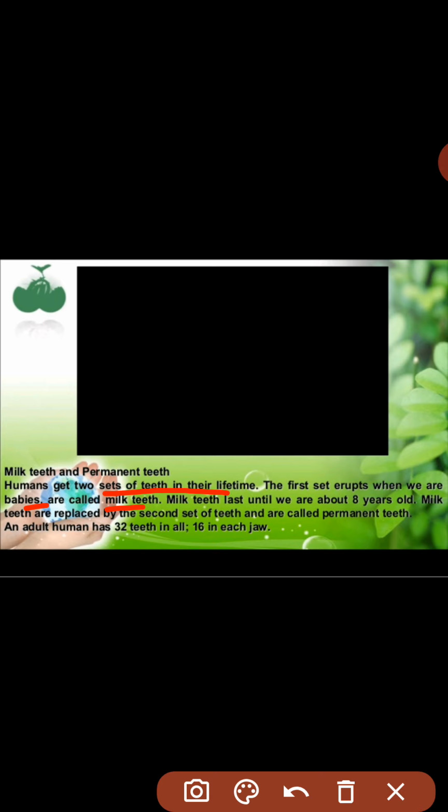Milk teeth last until we are about 8 years old. They are replaced by the second set of teeth, called permanent teeth. Once the milk teeth break down, they fall out of the body, and then the permanent teeth come.